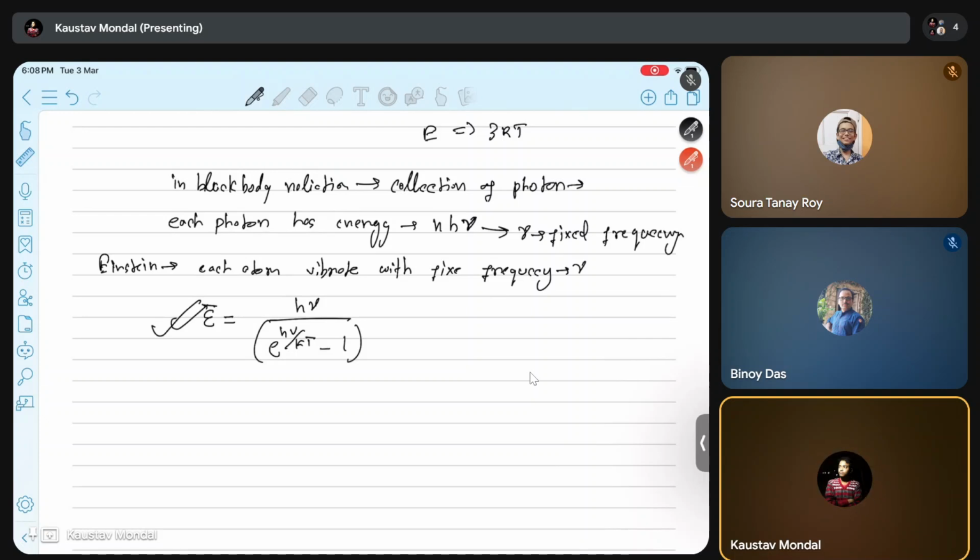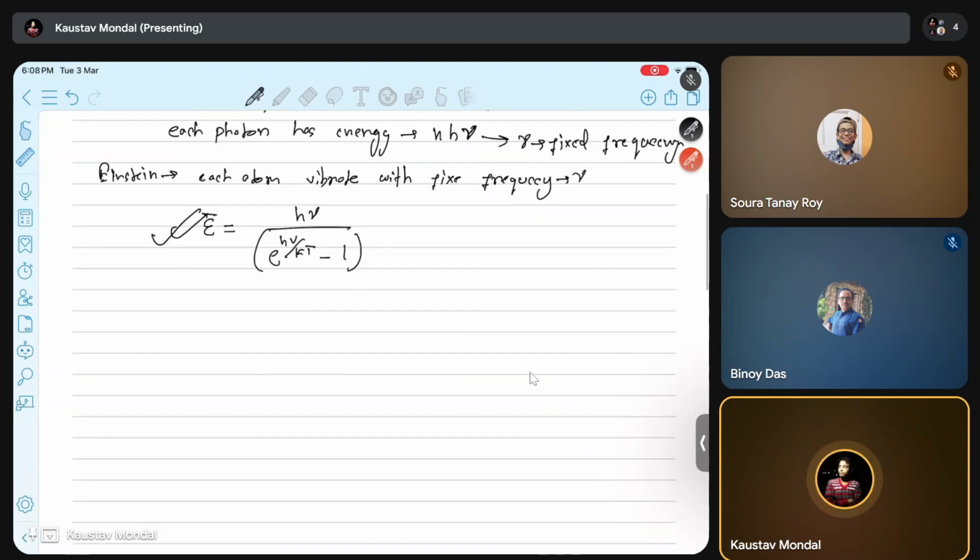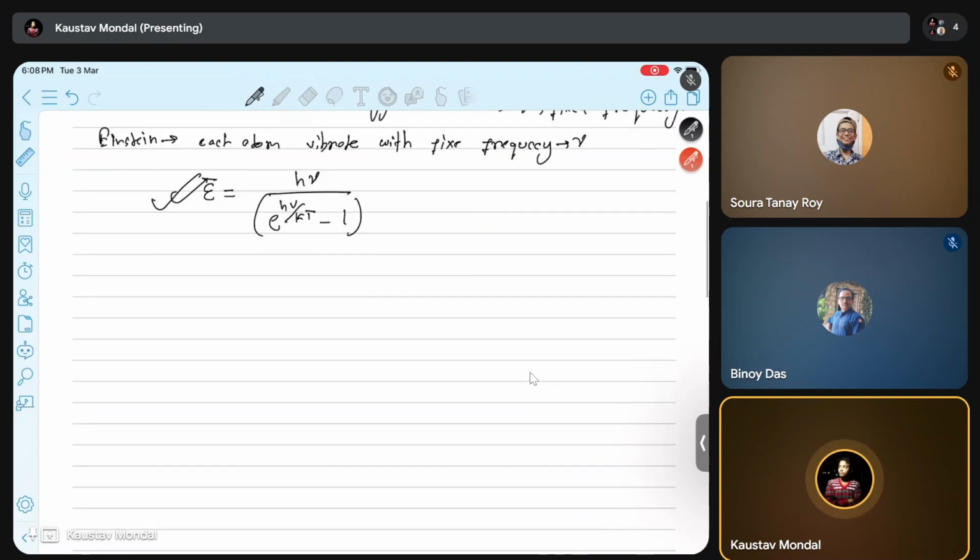Now for the case of a solid, if you calculate the total energy by integrating, you get an expression like 3RT into h nu by kT divided by e to the power h nu by kT minus 1.